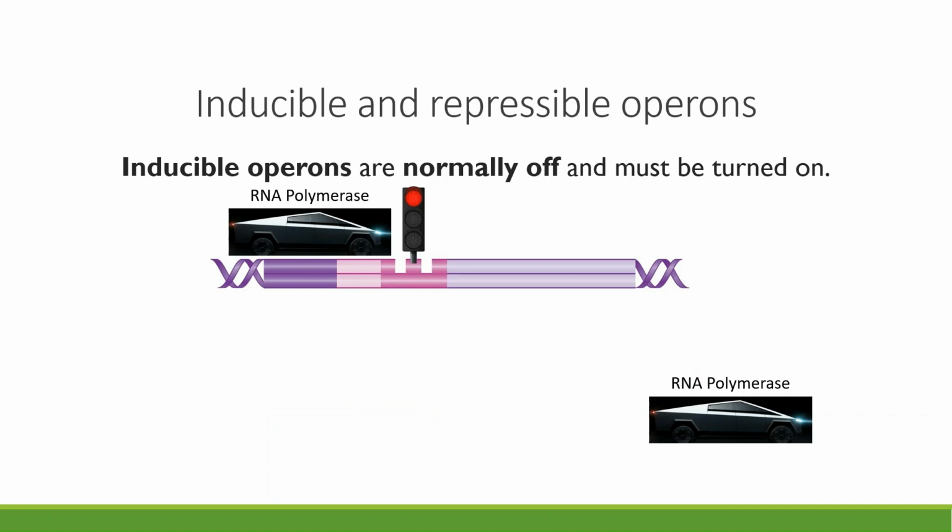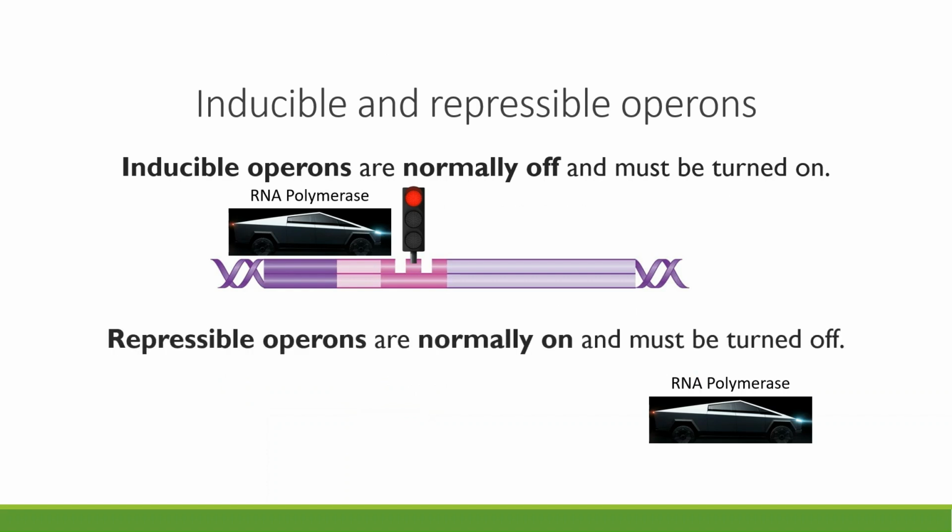We have two types of facultative genes we need to be aware of. One are inducible operons, and inducible operons have to be induced to make the transcript. So they're normally off, and when the environmental stimuli comes in, it turns them on.